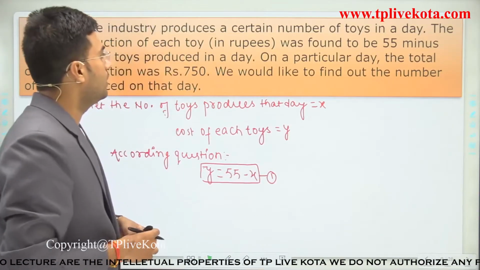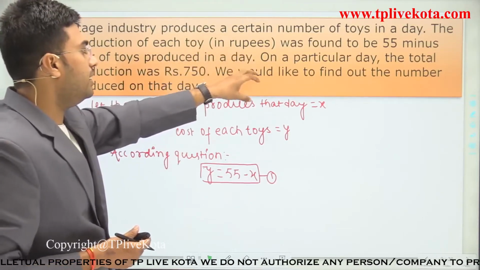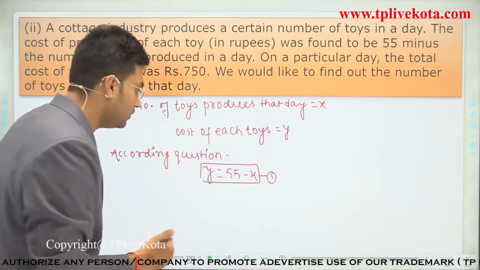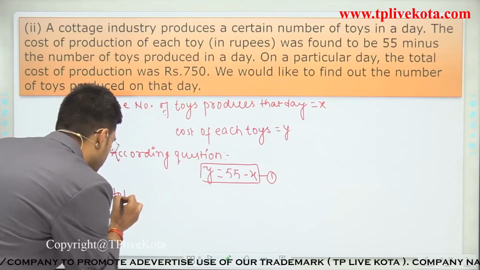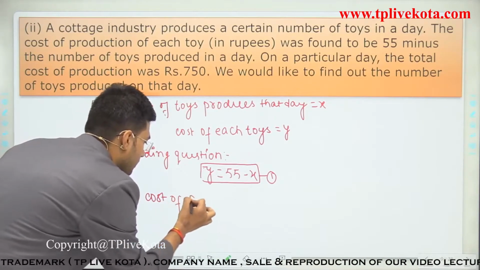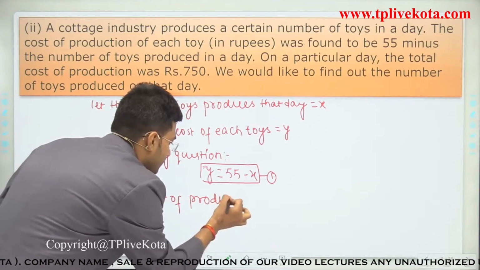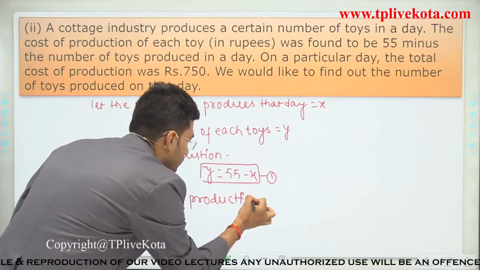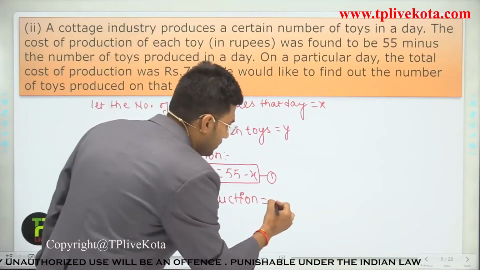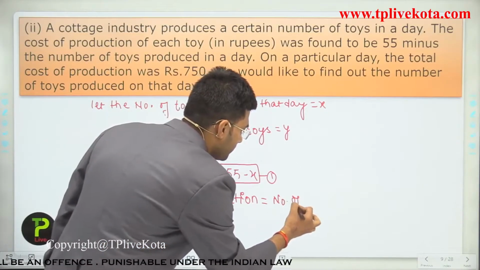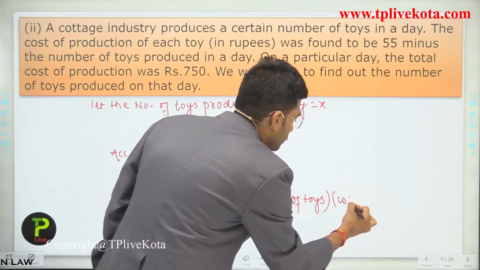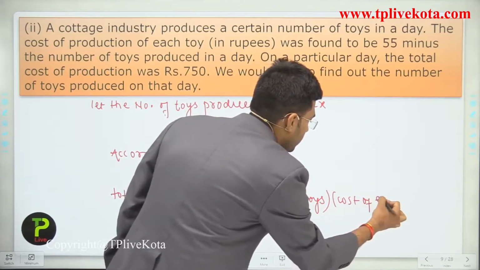Clear? Now, on a particular day, the total cost of production was 750. The total cost of production is equal to the number of toys multiplied by the cost of each toy.